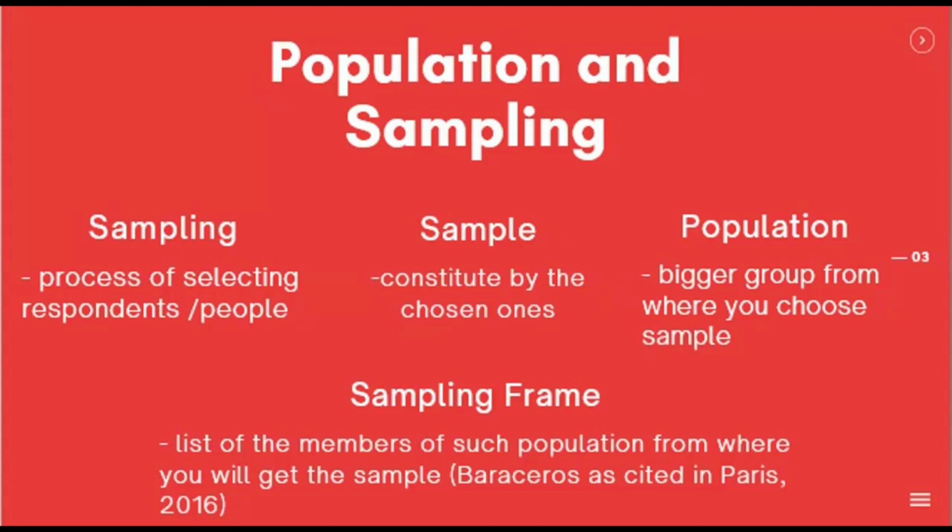According to Kumar in 2011, sampling is the process of selecting a few, which is the sample, from a bigger group or population, where you choose a sample to become the basis for estimating or predicting the prevalence of an unknown piece of information, situation, or outcome regarding the bigger group.